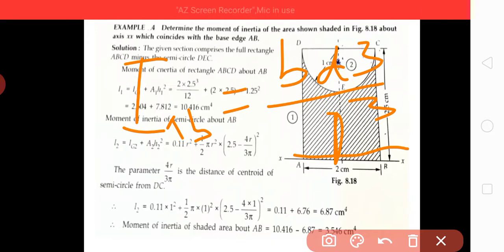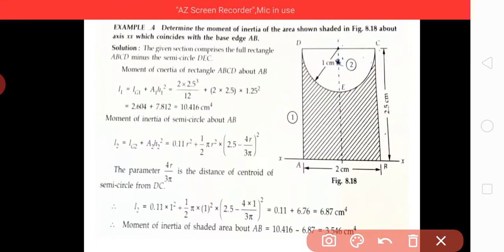So then also this would have been the same answer, 10.416. The moment of inertia of the semicircle about AB, that is I2, of section 2, I2 equals IG2, that is the moment of inertia about its centroidal axis, plus A2 H2 square.